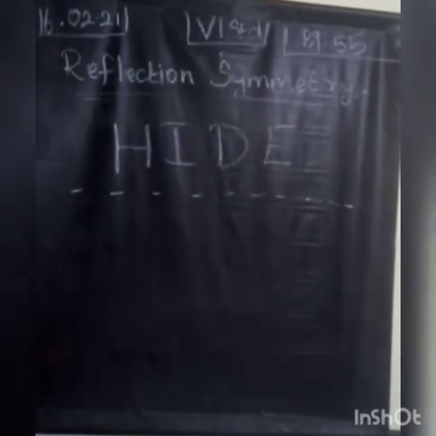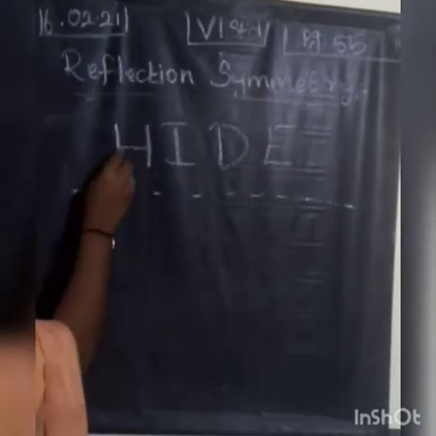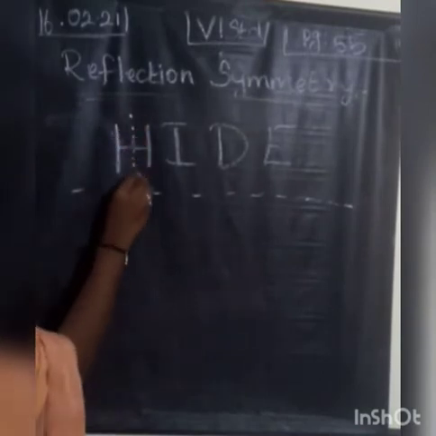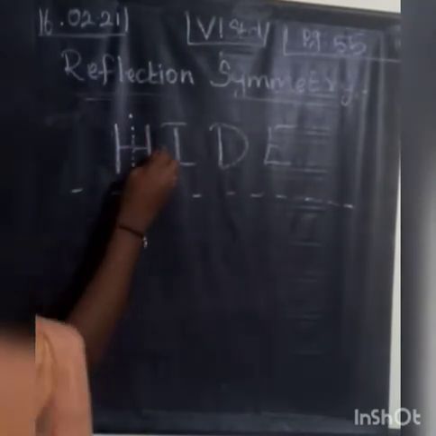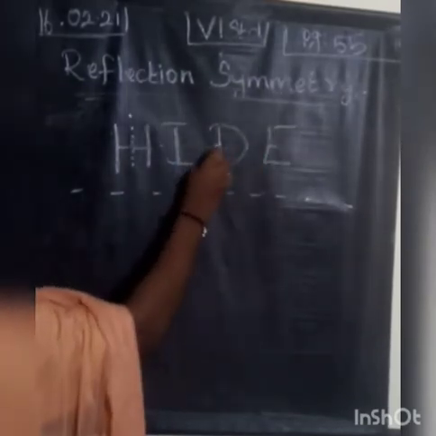Here every letter has a line of symmetry, because a line of symmetry divides the figure into two equal halves. H has two equal halves, I has two equal halves, D has two equal halves, and E also has a line of symmetry.